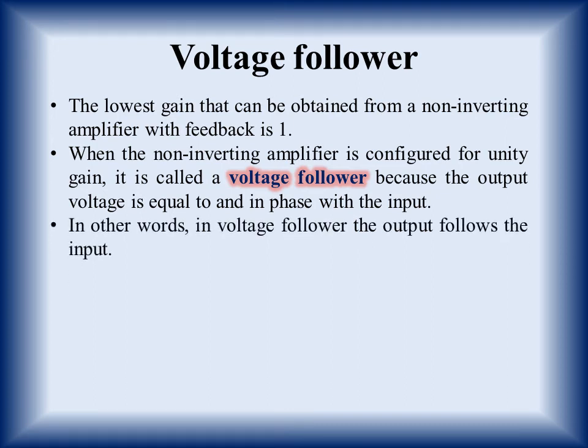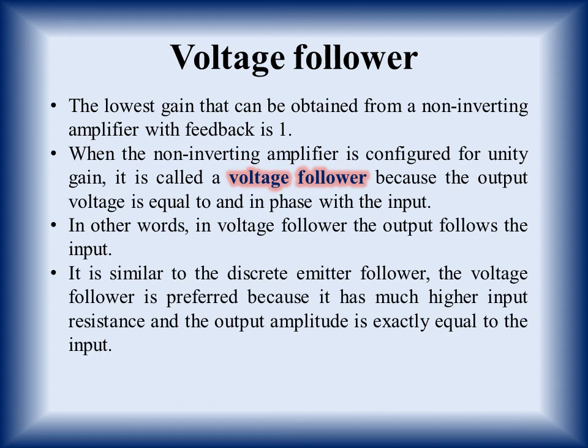In other words, we can say in voltage follower, the output follows the input. So what is the use of it? Gain is 1. There is no gain. Whatever signal we apply to the input we get the same in the output, but it has many useful properties.